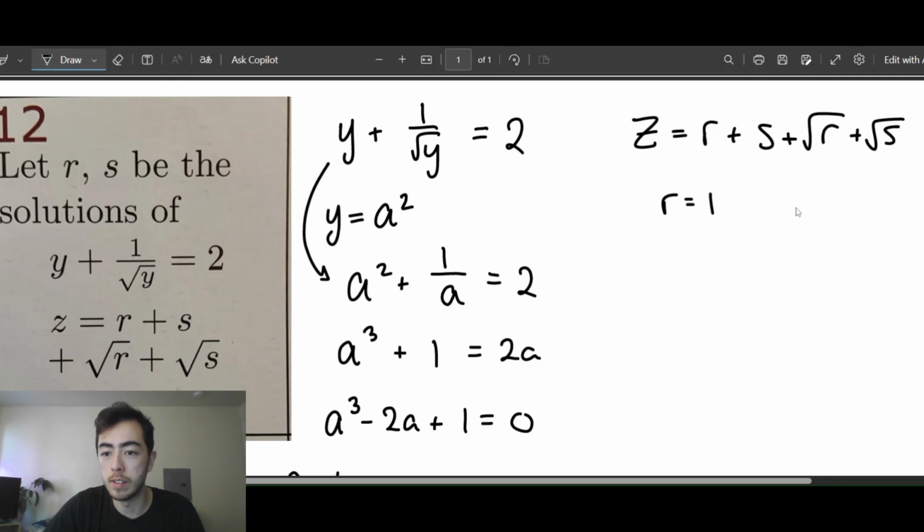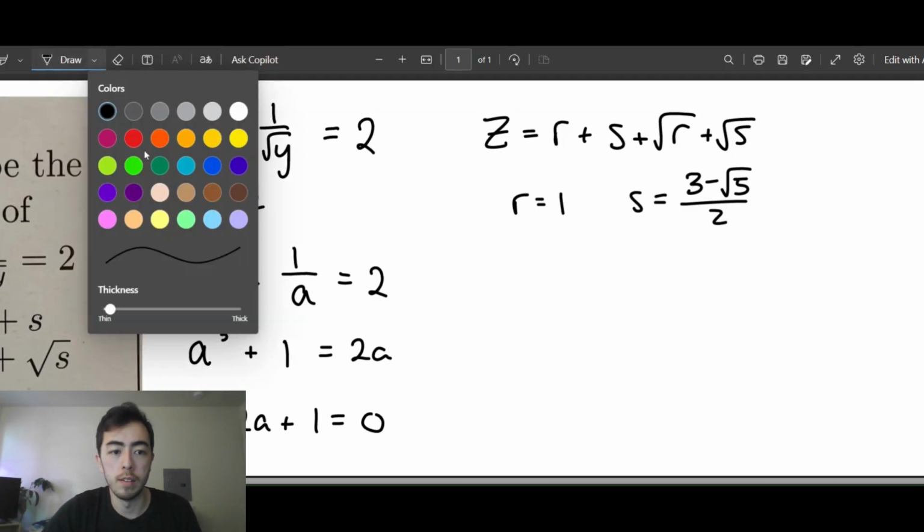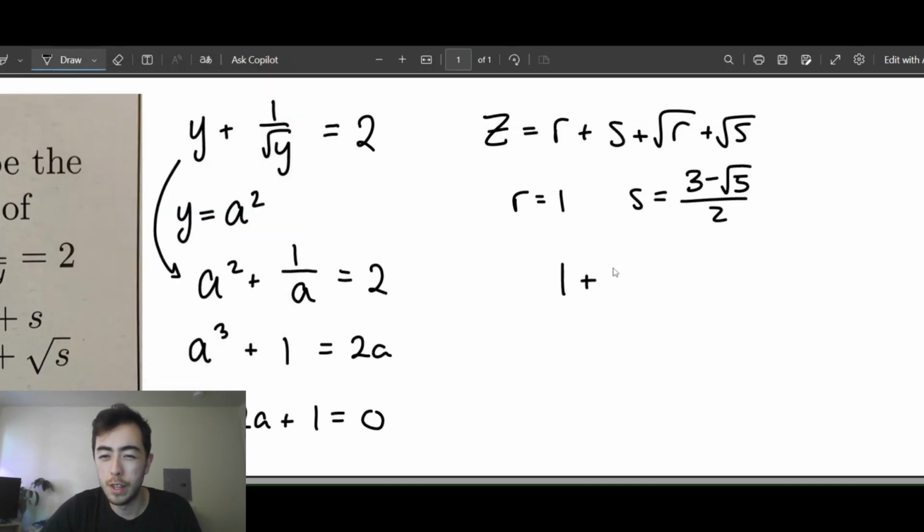And then S is going to be the other one, which was 3 minus root 5 over 2. So that means I will have 1 plus 3 minus root 5 over 2 plus root 1. That's easy. Plus root of 3 minus root 5 over 2.